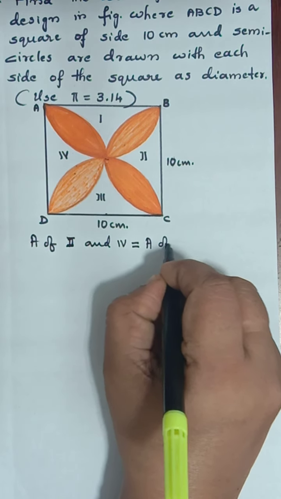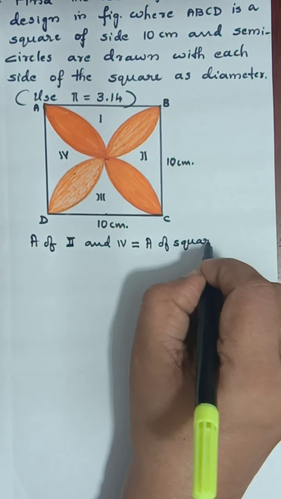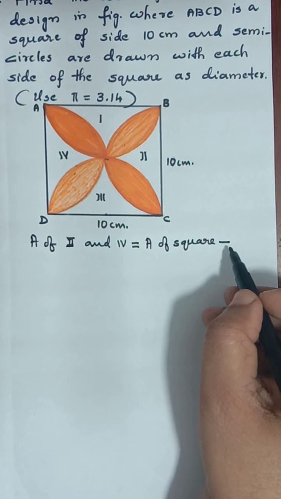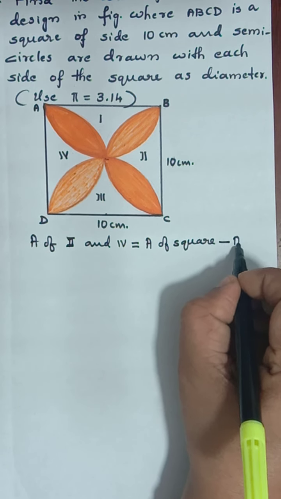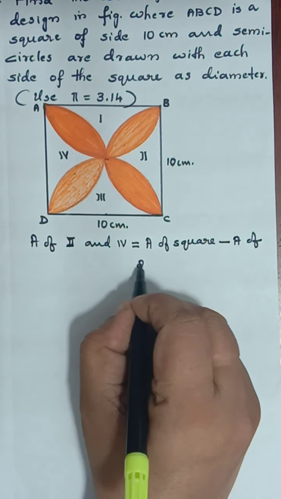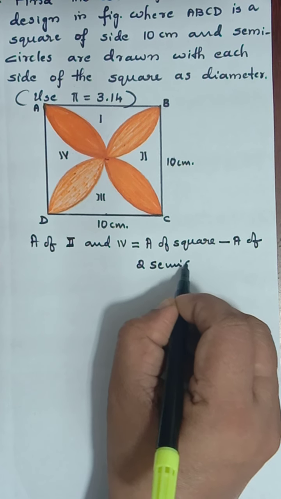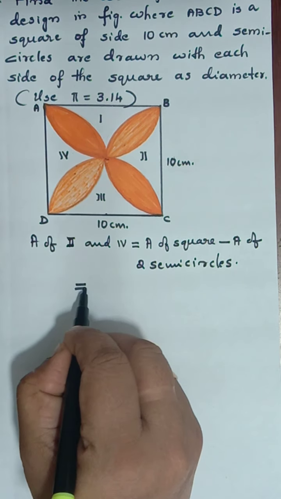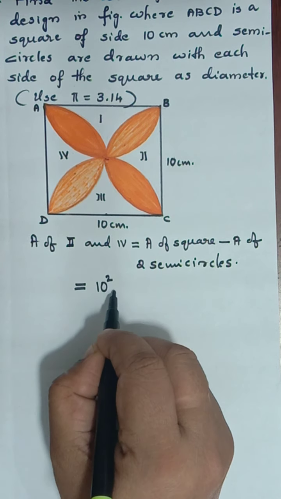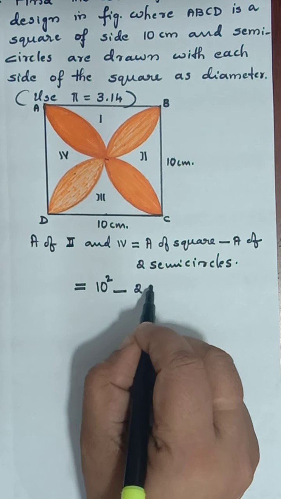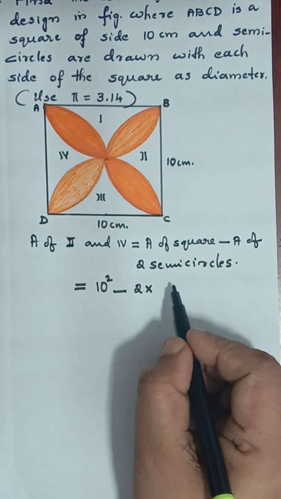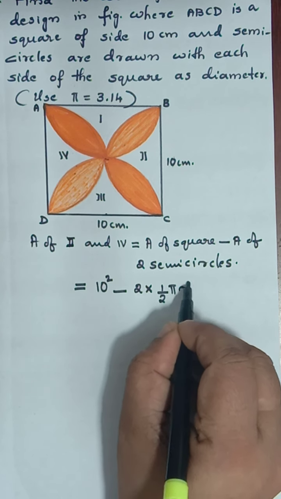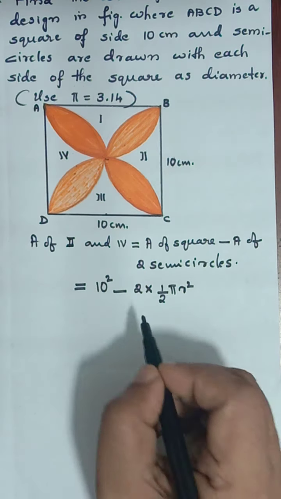Area of square, from which I subtracted what all things? 2 semicircles, the area of 2 semicircles. Okay, the area of the square is easy. 10 square minus 2 semicircles. 2 into the area of a semicircle, which is half pi r square.